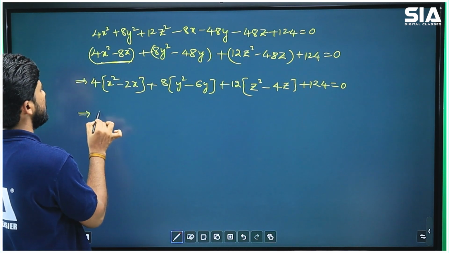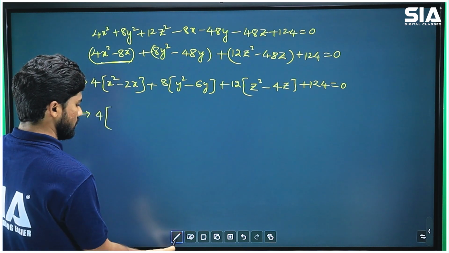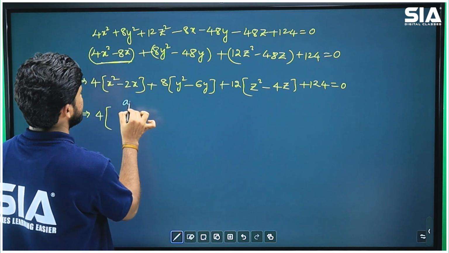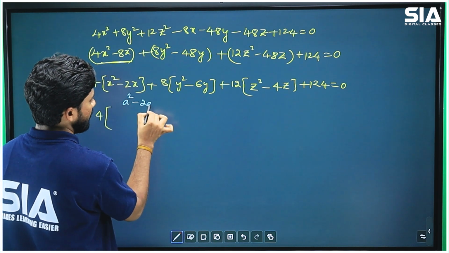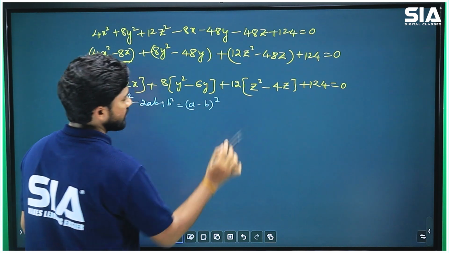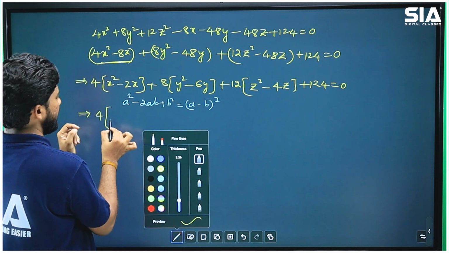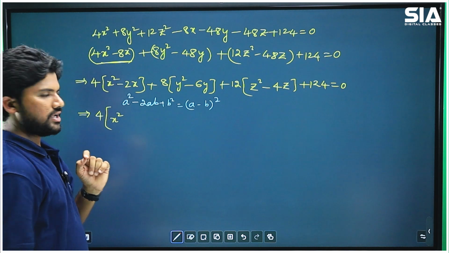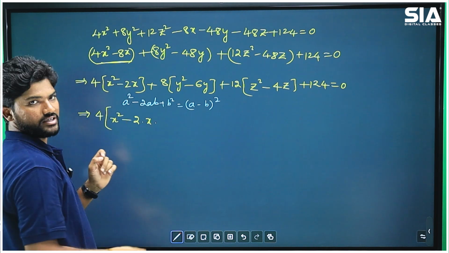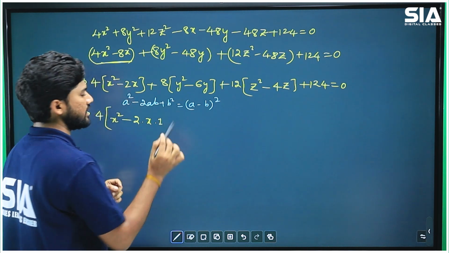So now see here, 4 into this x square minus 2x, we have to convert into an a minus b whole square formula. You know very well the a minus b whole square formula: a square minus 2ab plus b square is equal to a minus b whole square. To convert into that form, x square is already a square, and then minus 2ab. Here 2a means 2x, and we already got 2x, so the b value will become 1.